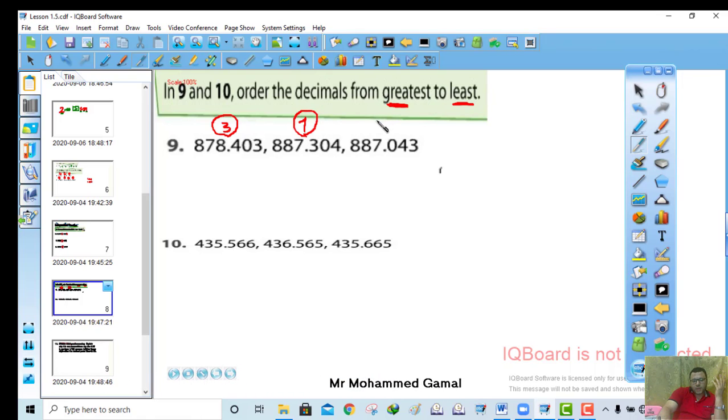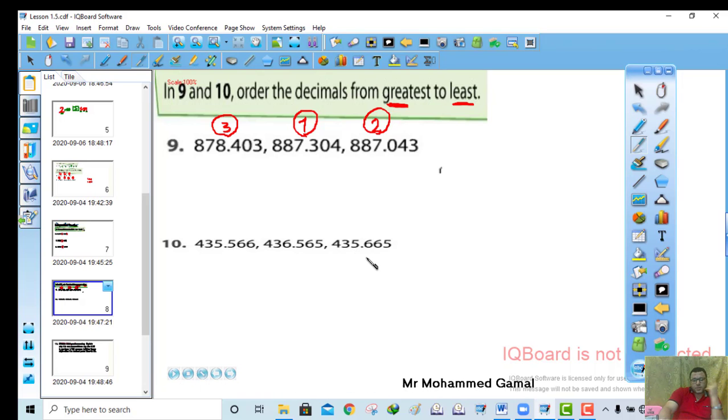Then comes this one. So the biggest one is 887 and 304, then 887 and 43 thousandths, then the last, 878 and 403 thousandths.